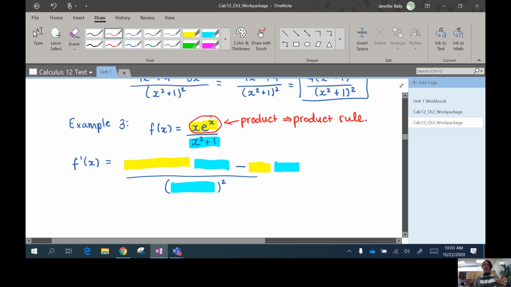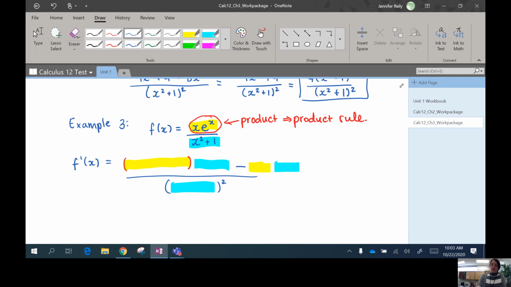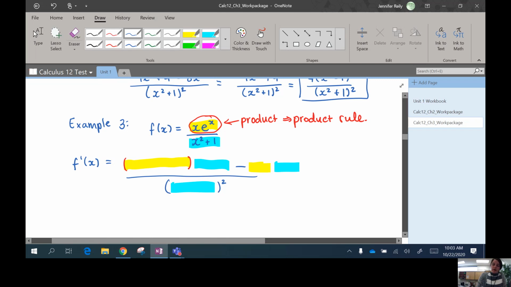So overall, we're doing quotient rule here, but when I'm doing the derivative of that upper piece, I need to use the product rule. So I do the derivative of the first term, which is 1, leave the second term alone, plus leave the first term alone and do the derivative of the second term, which is e to the x. Okay, so that's the product rule for the yellow piece.